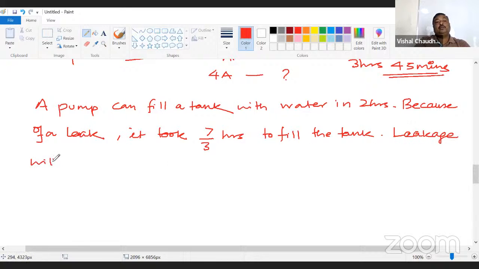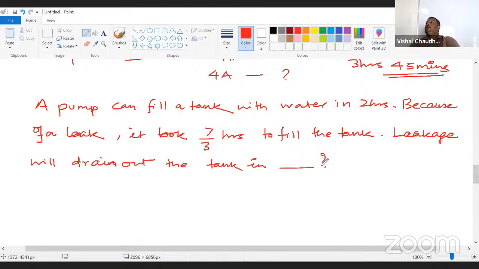Leakage will drain out the tank in how many hours? This is your question.